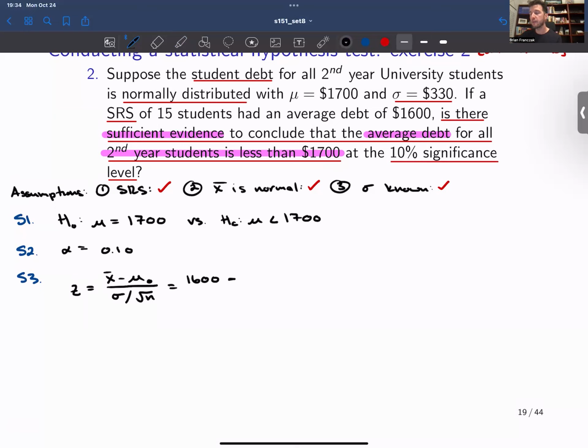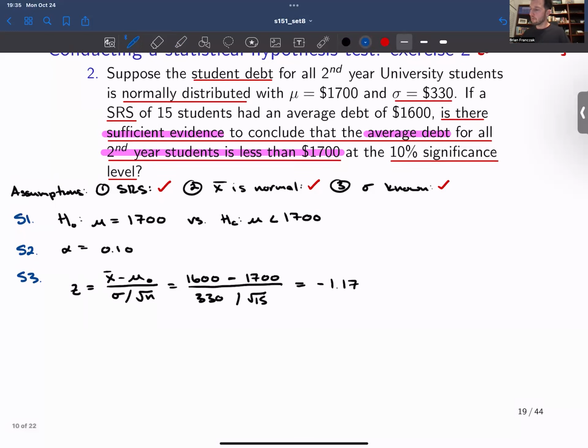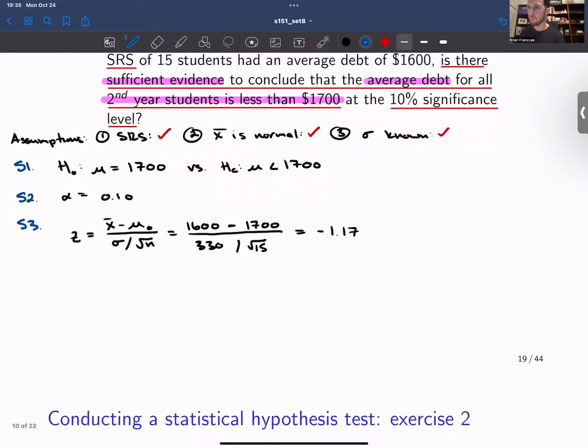So we take the value from the null hypothesis and we plug that in for mu 0. Okay. And then we divide by 330 over the square root of 15. All right, if we work this out, we get negative 1.17. I'm only keeping 2 decimal places for the test statistic because it's a Z score. So when we go to our standard normal table, which we're going to do on step 4, those are only 2 decimal place numbers. So we only need to keep 2 decimal places unless the third spot is a 5.